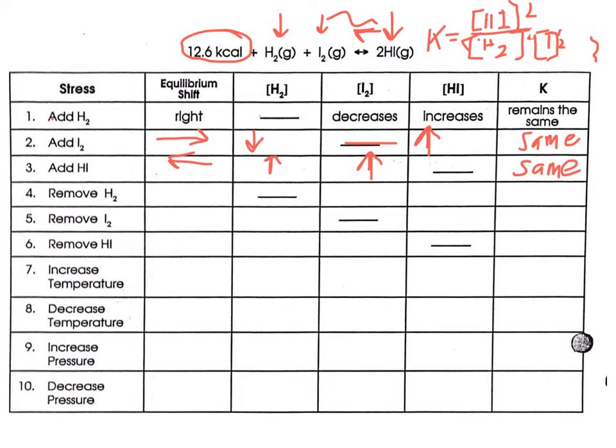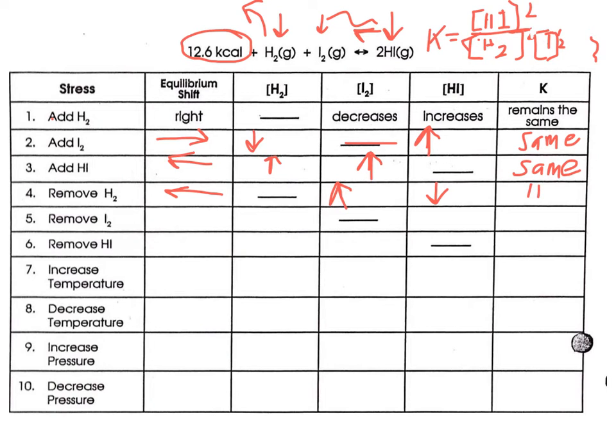If I remove H2, so now what if I remove some of the reactant? The equilibrium is going to shift to the left to make up for that. In the process, I2 will increase, and HI will decrease.